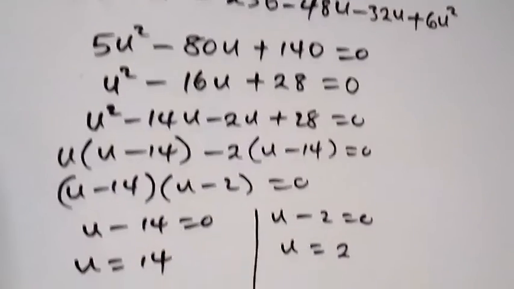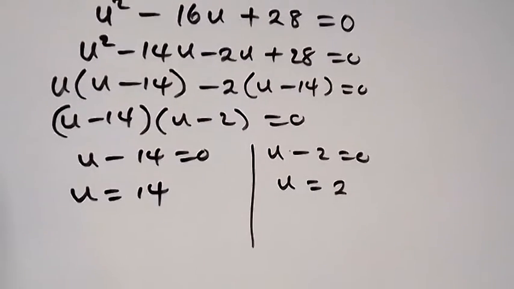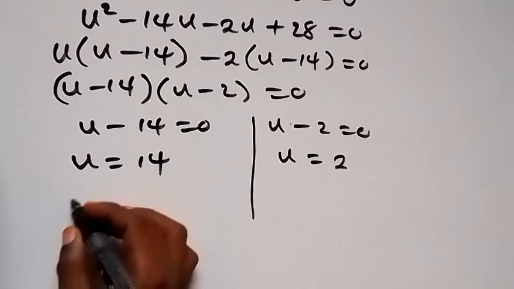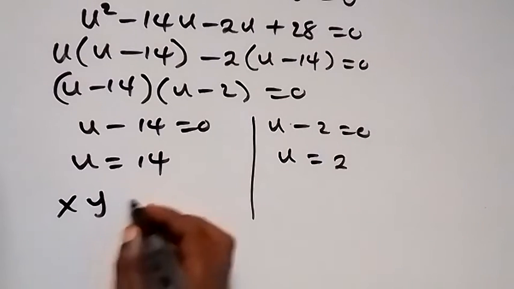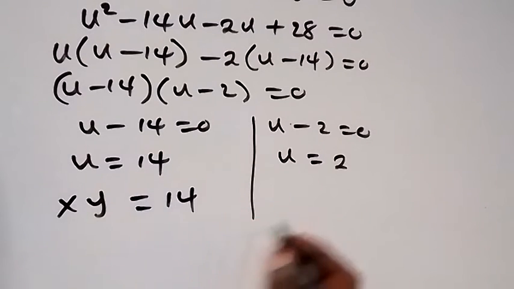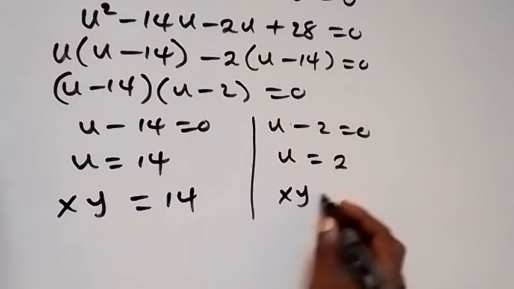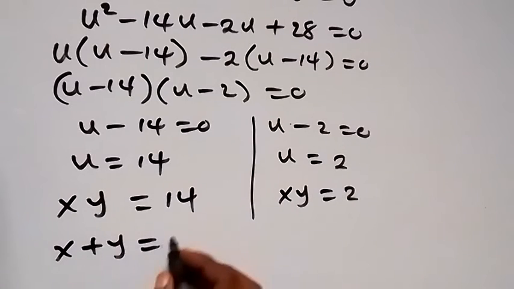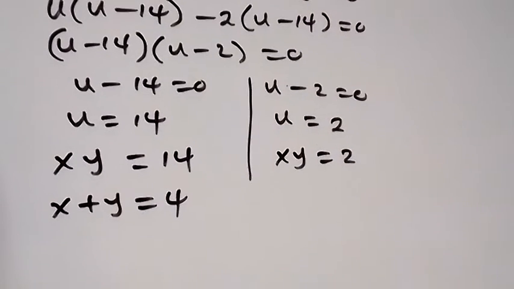And don't forget what we represented u as. So we used u to be xy. So that means xy here is equal to 14, and then xy here is equal to 2. Then, from equation 1, we already have x plus y equals 4. Now, let's get x minus y from here.